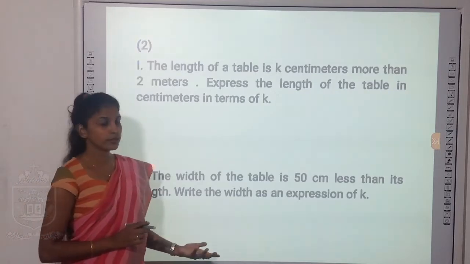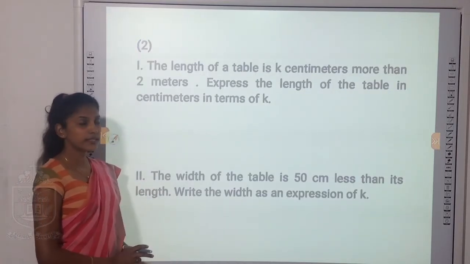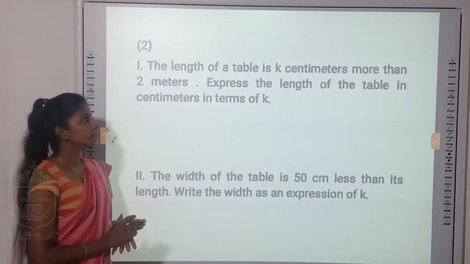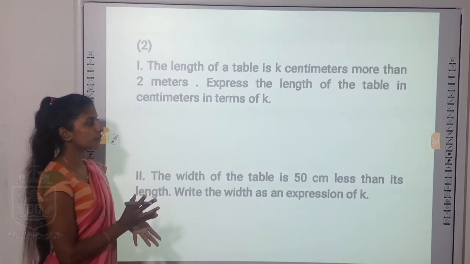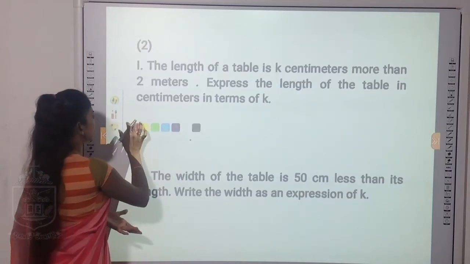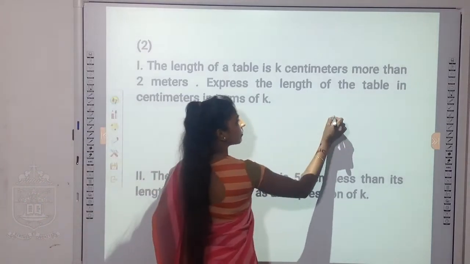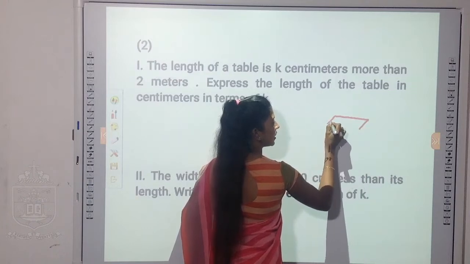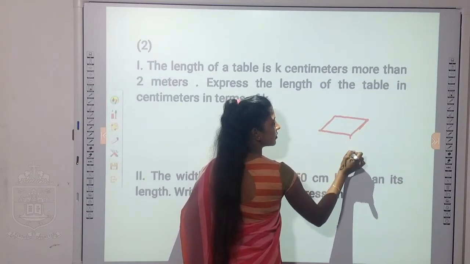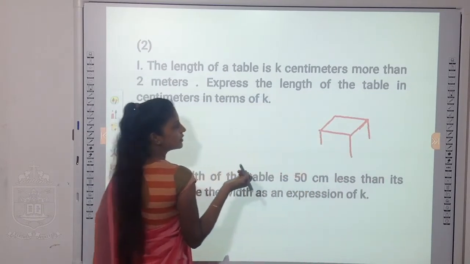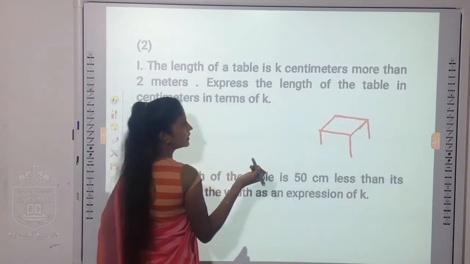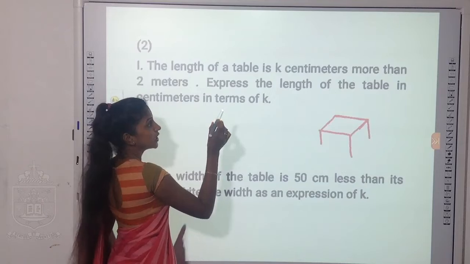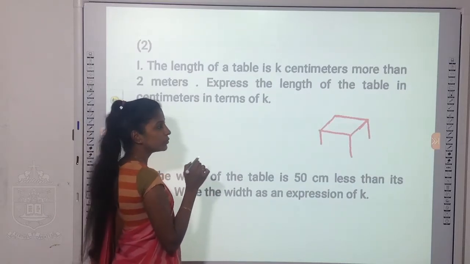Right, here also we have to construct an algebraic expression. Here the length of a table is given in terms of k. That means, think of a table like this, right? Think that this is the length. It is given as k centimeters more than 2 meters.